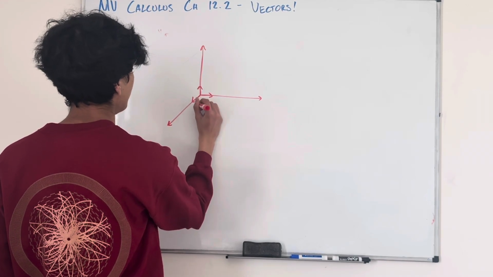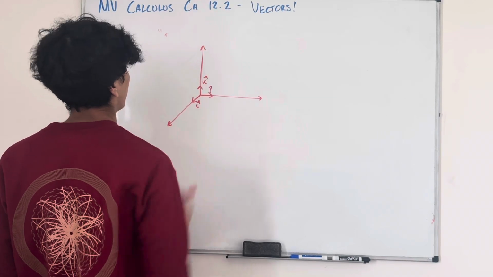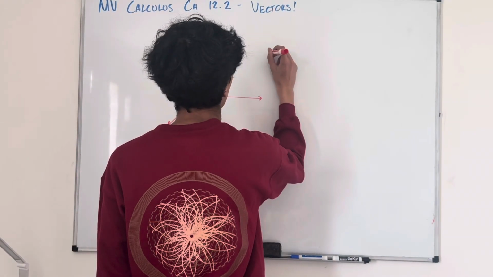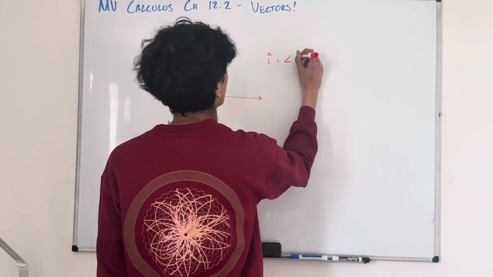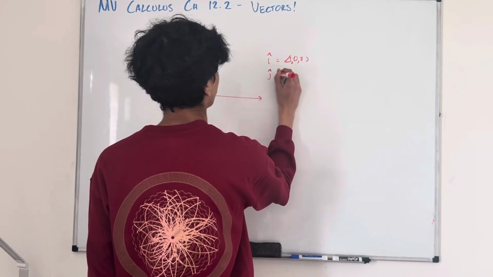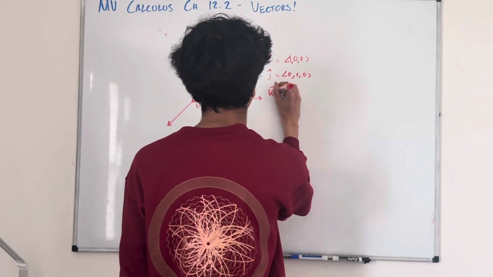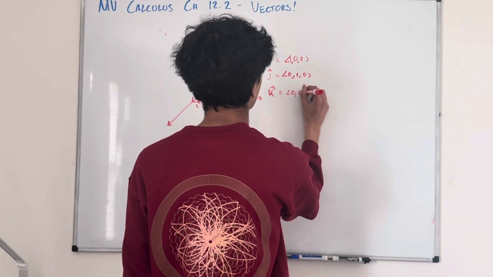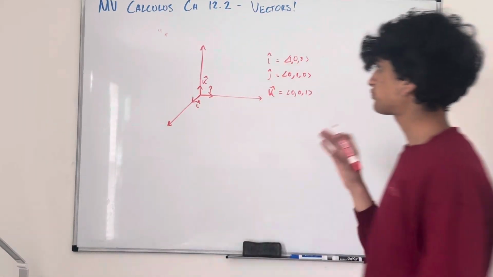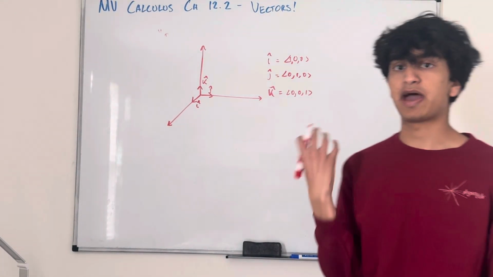And we call them i hat, j hat, and k hat for each direction, where i hat is defined to be 1, 0, 0. j hat is defined to be 0, 1, 0, and then k hat is defined to be 0, 0, 1.